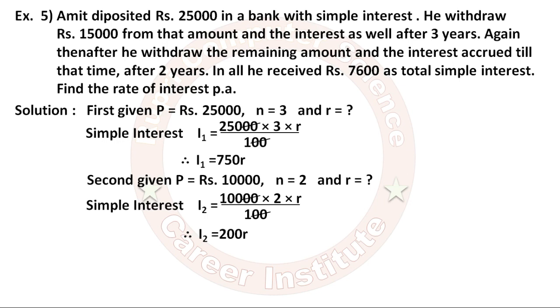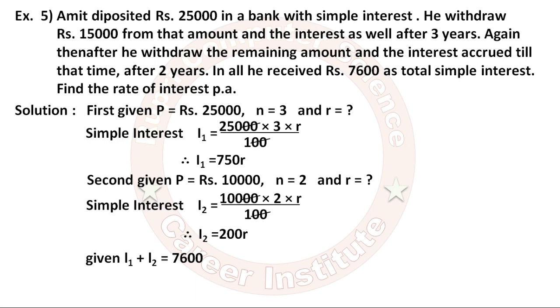Means I1 plus I2 is equal to 7,600, which is given in the question. Now put the values of I1 and I2 in our equation.